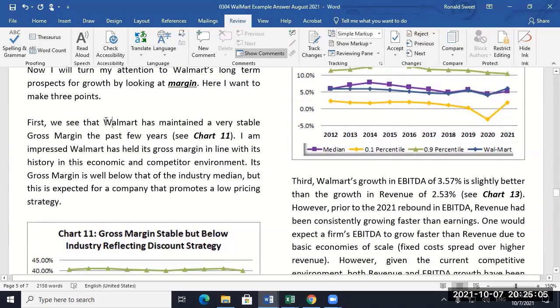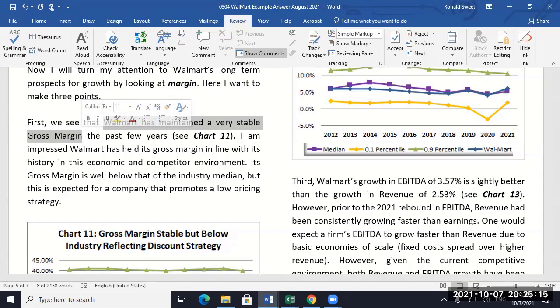So Walmart has maintained a very stable gross margin, which you expect from most firms. Most firms' gross margins are fairly stable. So if you have a firm whose gross margin is really volatile, that's a pretty unusual company, so you have to stop and think about what that means. Sometimes with commodity-driven companies it's possible.